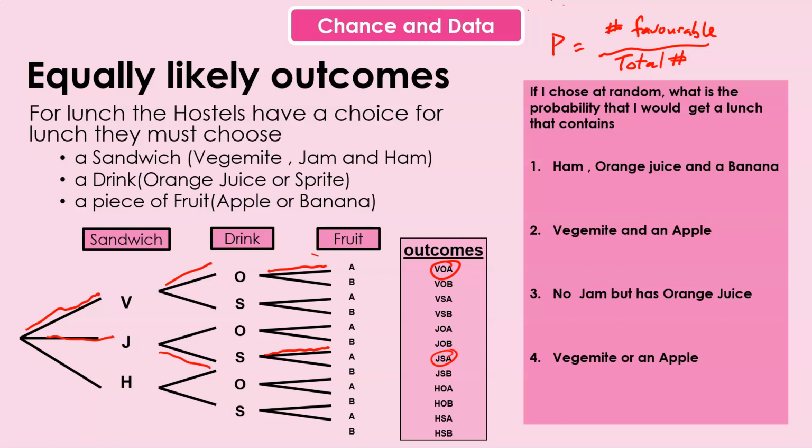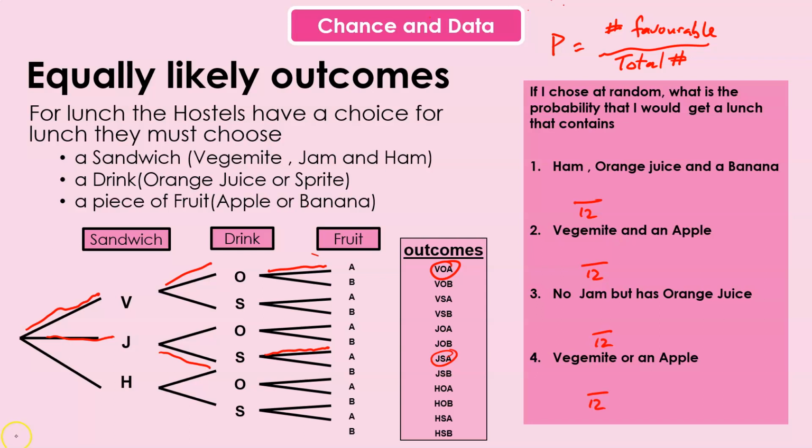So there are all the outcomes, and you can see there, if we count them up, there are 12 outcomes. So what that means is for all of our probabilities, they're going to be out of 12.